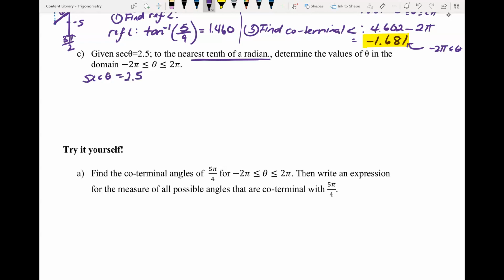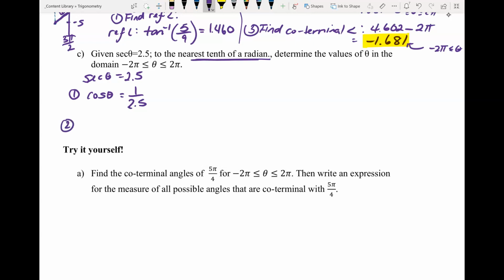Of course, our calculator doesn't have a secant function, but it does have cos, and that is the reciprocal relationship. So we're going to rewrite this as cos theta. But when we do that, we reciprocate the exact value. So instead of 2.5, it's 1/2.5, or 0.4, because that's the relationship between secant theta and cos theta.